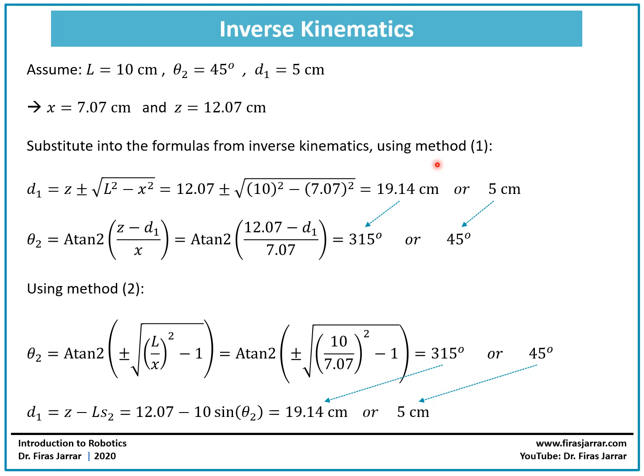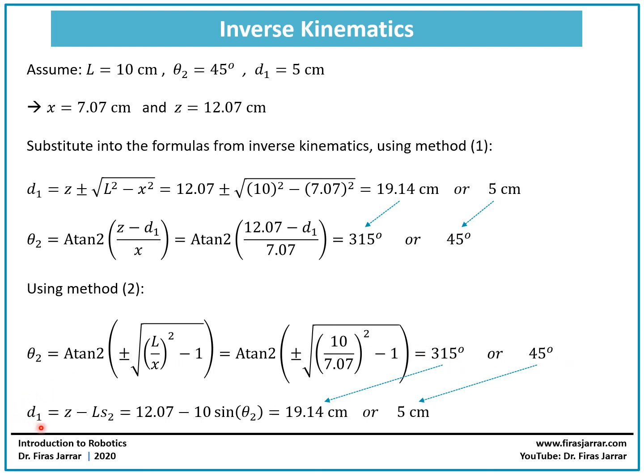So let's see. We start with theta 2. Theta 2 according to method 2 is equal to atan2, which is tan inverse of plus or minus L over the square root of X squared minus 1. L is 10 centimeters and X was found to be 7.07. This would give me two answers, either 315 degrees or 45 degrees.